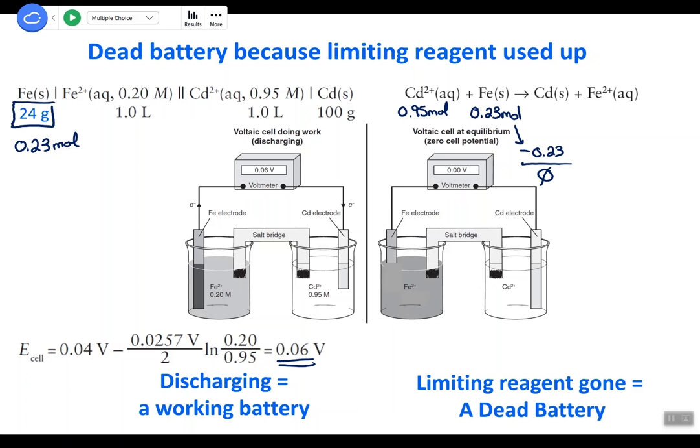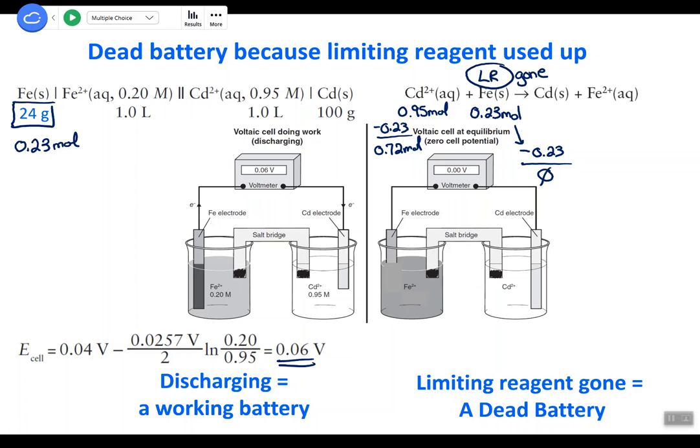We have no more iron left. We've lost that same amount of cadmium. I don't think I have this number written down. Oh, I do. We still have cadmium left, but the limiting reagent is gone.